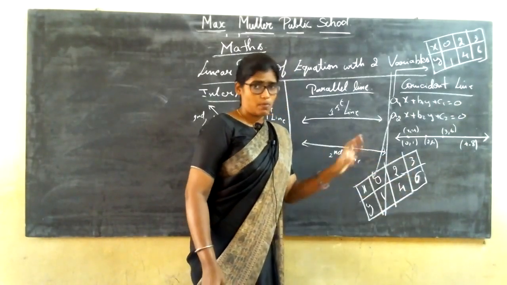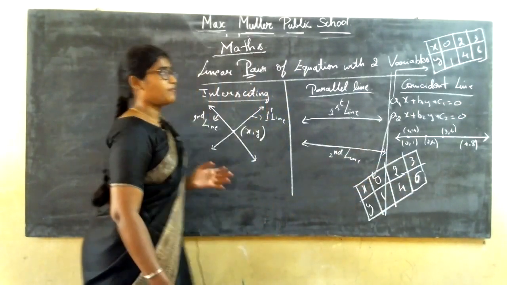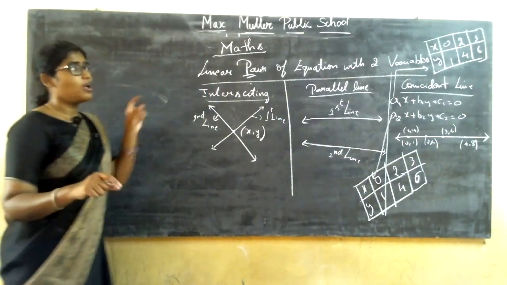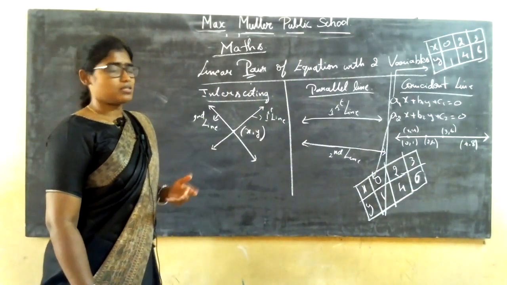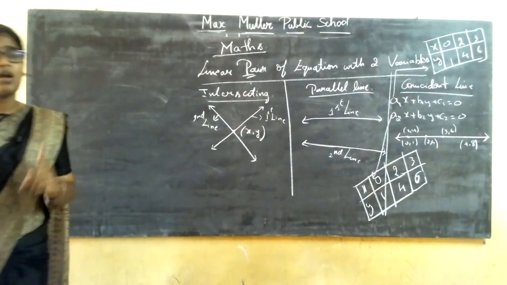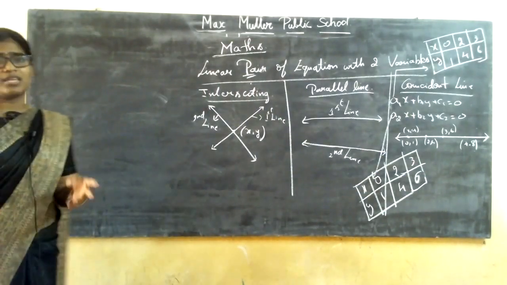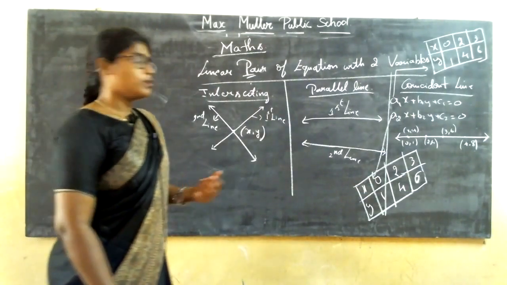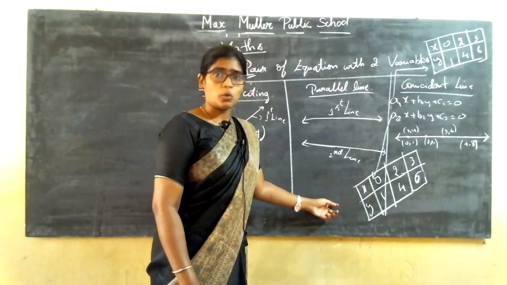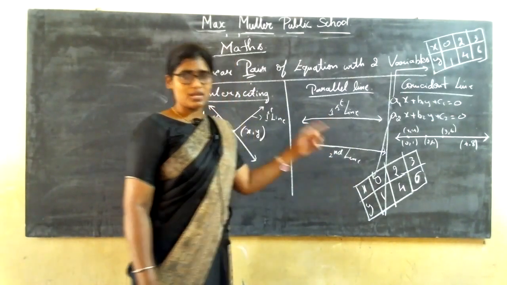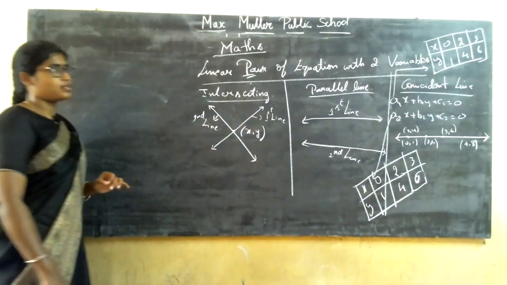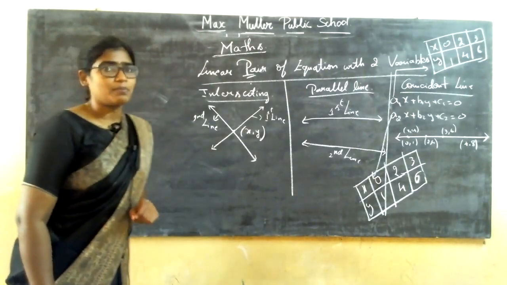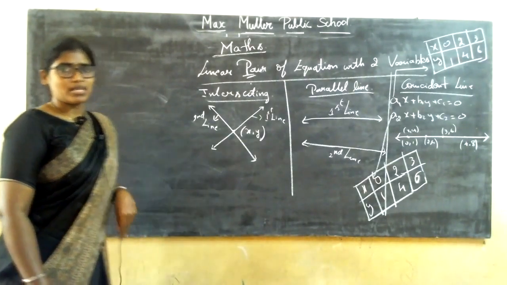If these are the 3 points given in the question, and they ask how many lines you are going to represent for the coincident line, what will be the answer? You are going to say only one line. They will give you options 4, 3, 2, 1, so the option will be D. You represent only one line because both equations have the same coefficients, that is 0, 1, 2, 4 and 3, 6. So you represent both in one single line.